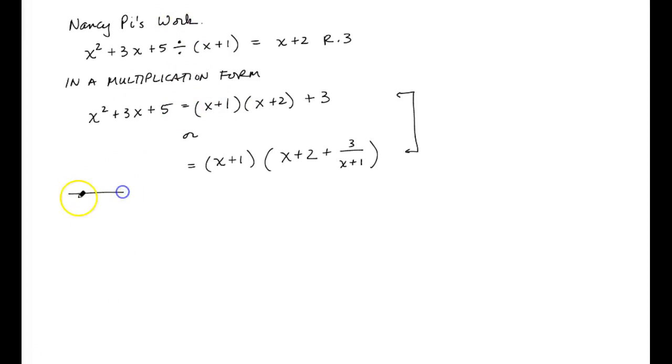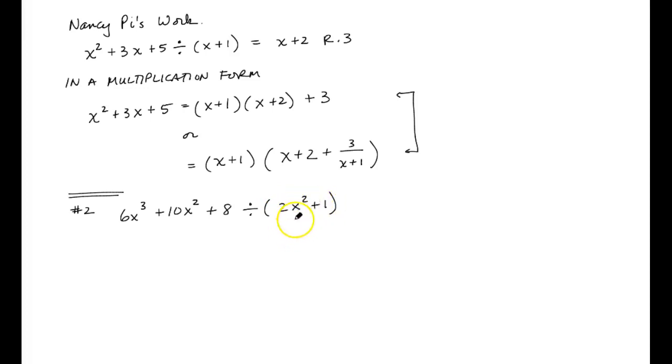All right, and in Nancy's problem number 2, just to remind us, she had a little bit more complicated expression. There was no x term, and then it was divided by the quantity 2x squared plus 1.